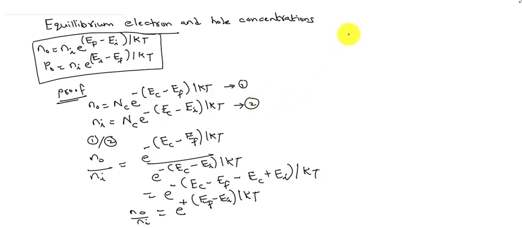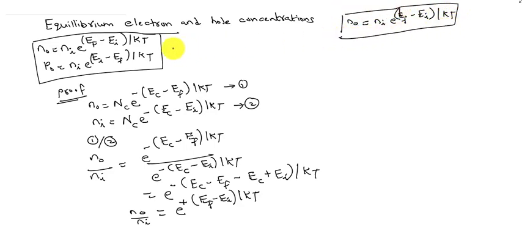On cross multiplying, we get n0 is equal to ni into e raised to (Ef minus Ei) by kT.